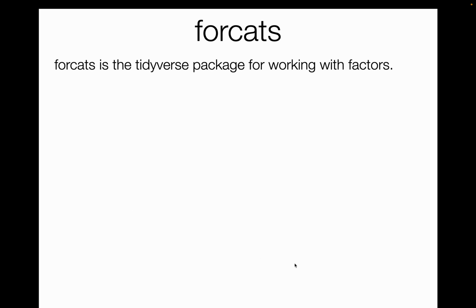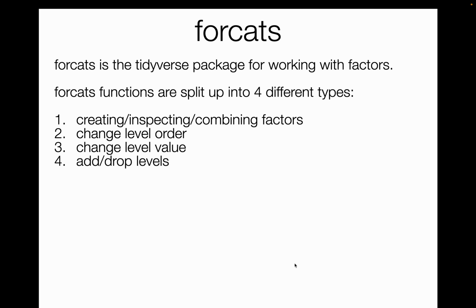So, forcats is the Tidyverse package for working with factors. Like all of the other packages, the function names start with a certain 2 or 3 letter specification, and they all share the same sort of format.